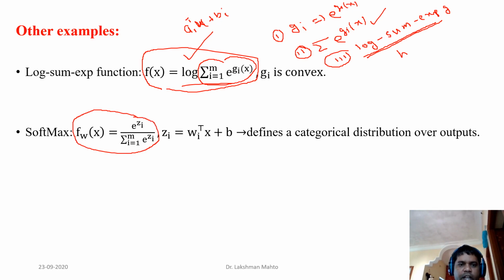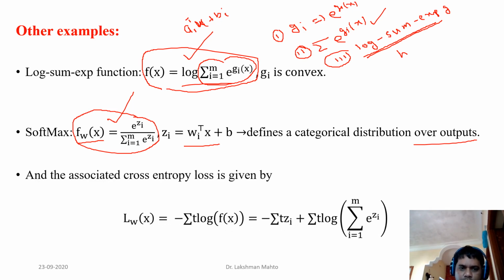Another example: generally for multi-class classification, you take the exponential softmax function as an activation function, where z is defined this way, and it gives a categorical distribution over the output. We are not talking about convexity of this softmax function with respect to the parameter w.